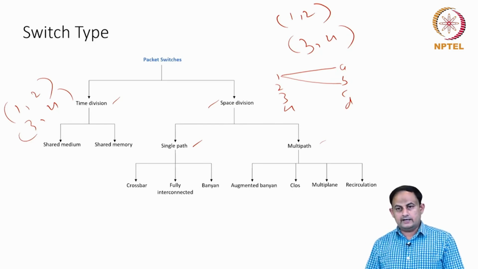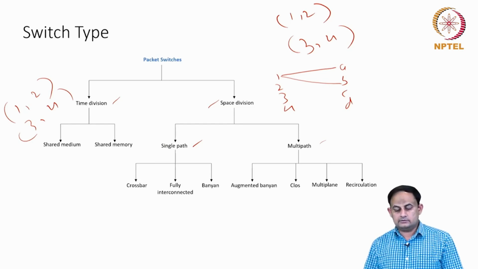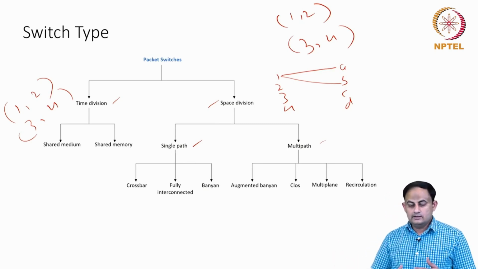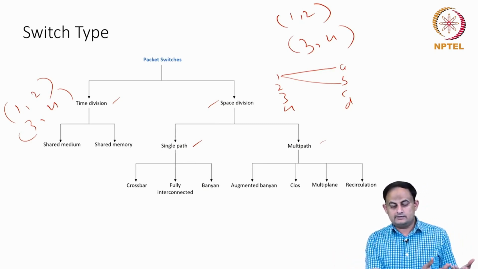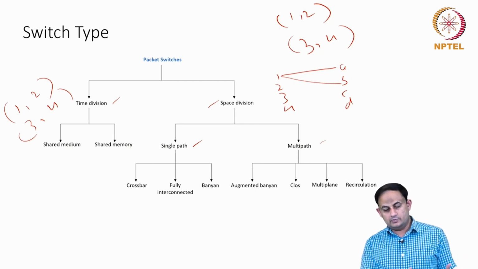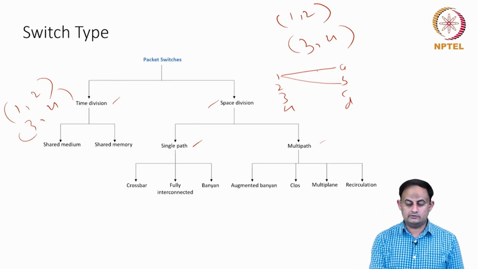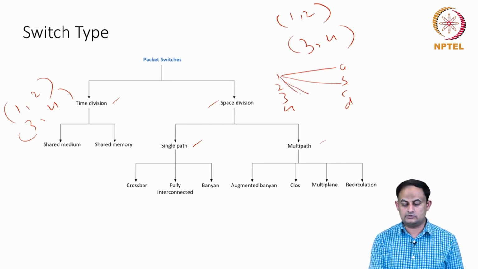But in the second category, where there are multipaths, there are multiple paths available between an input port and an output port. The simplest case is that from input port number 1 to reach output port number A, you have two different paths, one this way and one through something else.